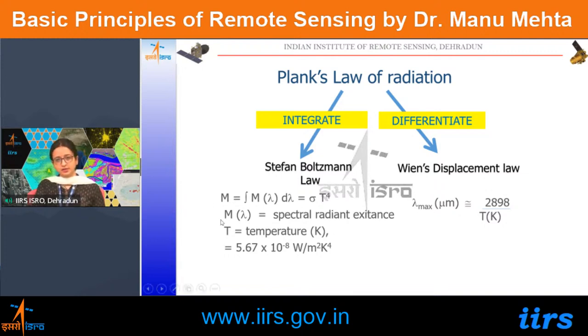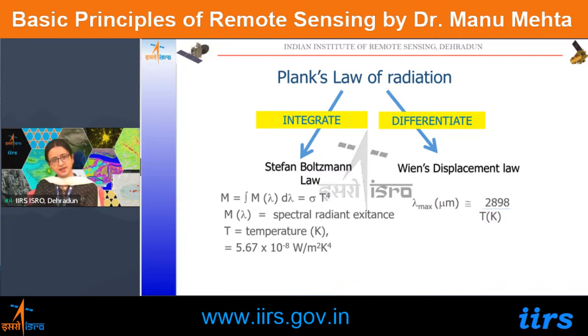So the total excitance is directly proportional to the 4th power of absolute temperature. That means as you keep on increasing the temperature, total excitance increases. And if you double the temperature, the excitance will become 16 times, 2 to the power 4 times. So these are the two corollaries of Planck's law: after integration you get the Stefan-Boltzmann law, and after differentiation you get Wien's displacement law.